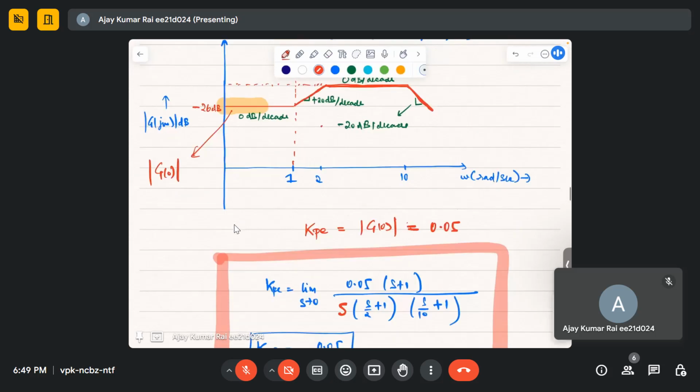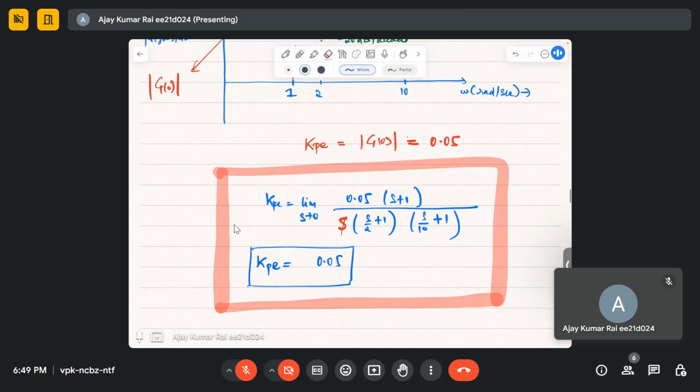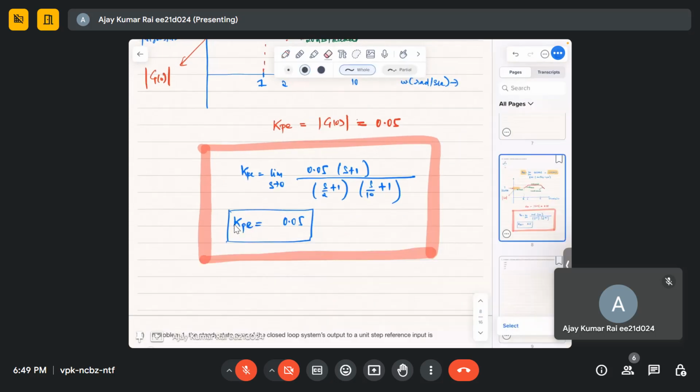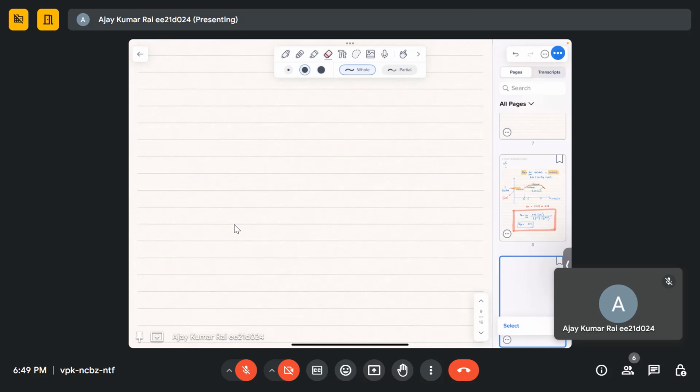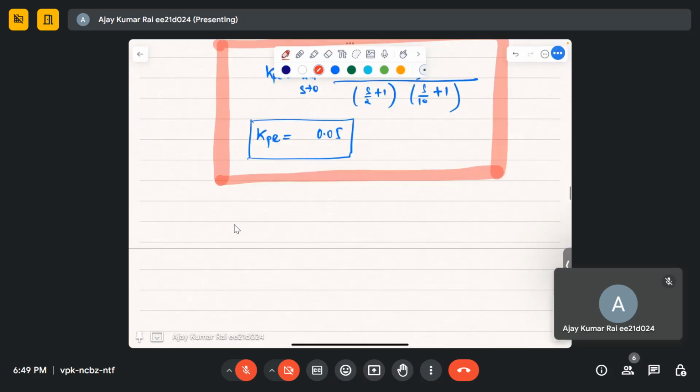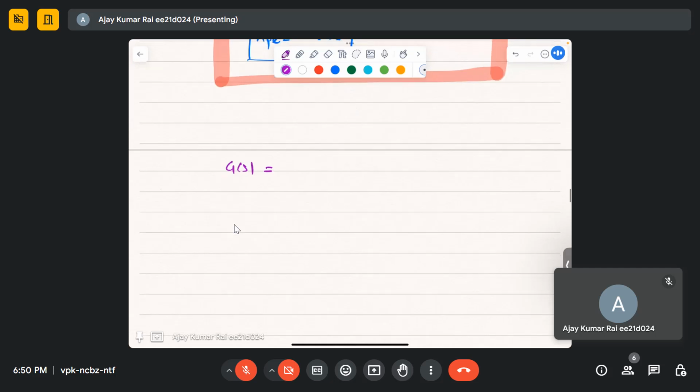So let me also draw separately, just to get clarity, the Bode plot for this G of s, in a different color. Okay. So G of s is 0.05.